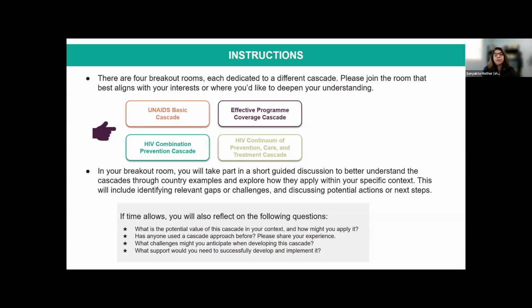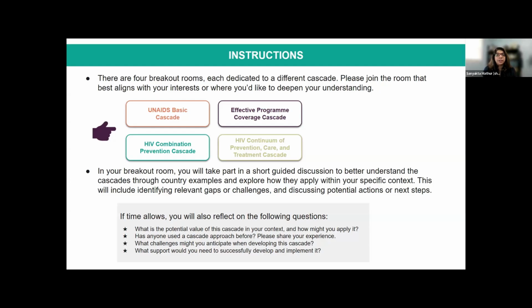But then I hope we can really get into discussion about how this may apply in your context, relevant gaps and challenges, and what considerations you need to think about if using this cascade and the support you would need in developing something like this.